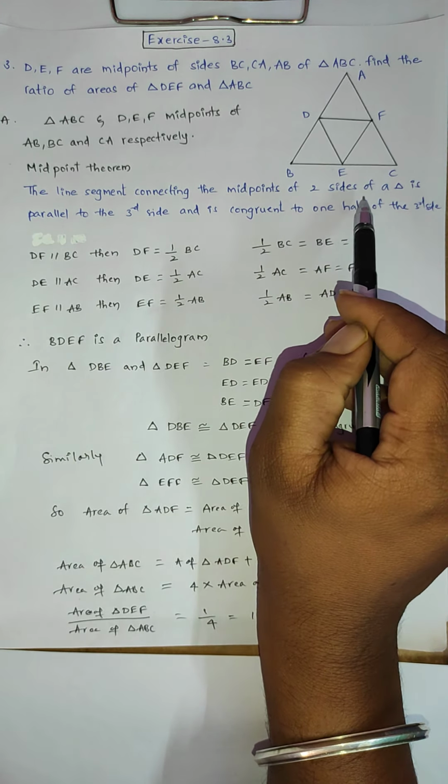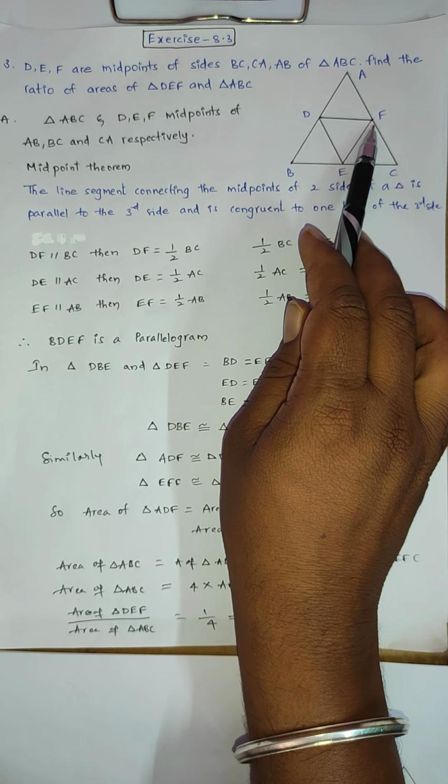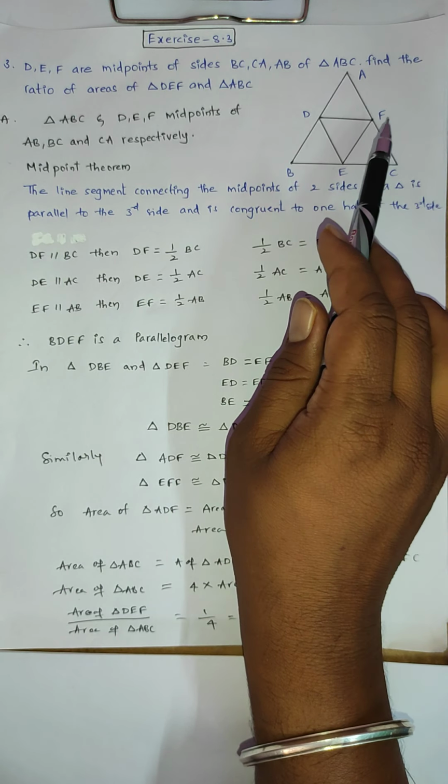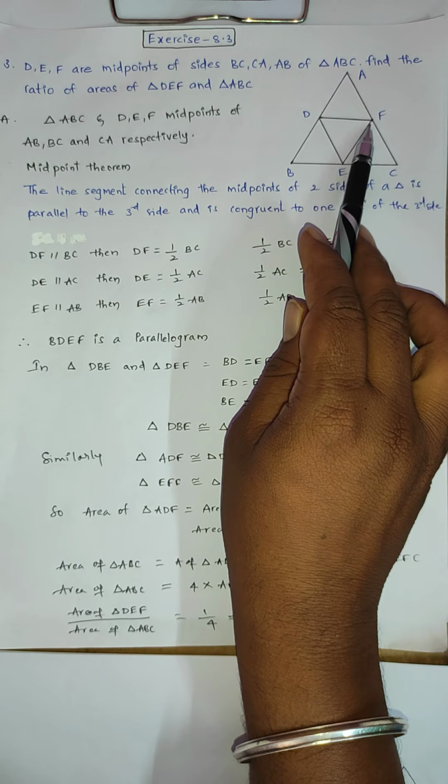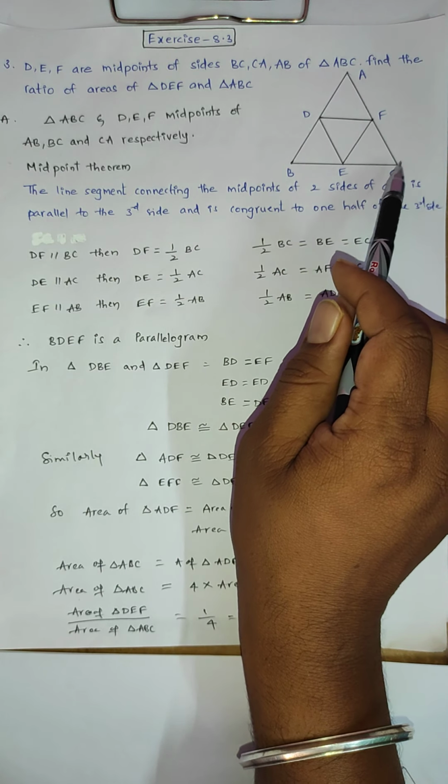One condition. Another condition is this line segment is half of the parallel side. This side half means DF is equal to half of BC. For example, BC 8 centimeter, then DF 4 centimeter, or 2 times DF is equal to BC.